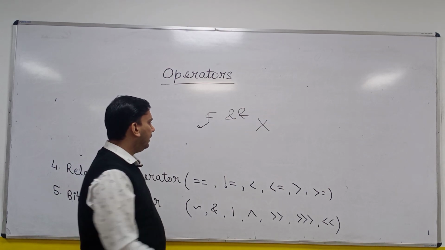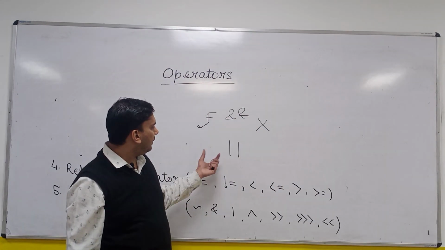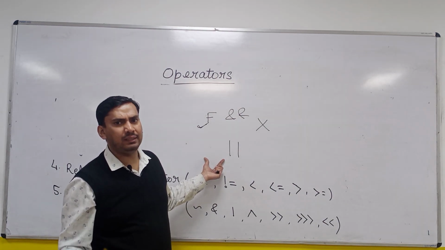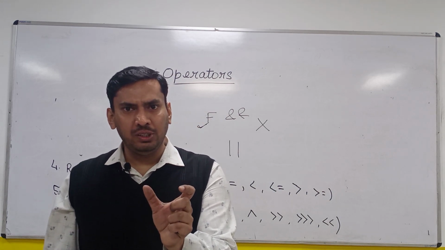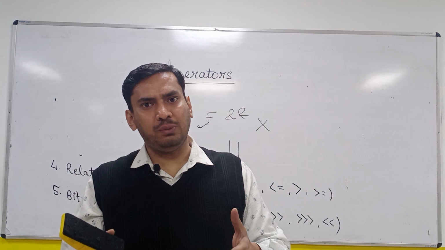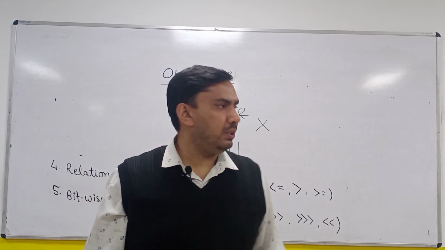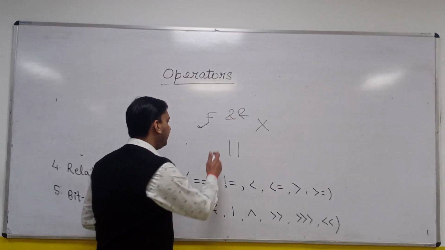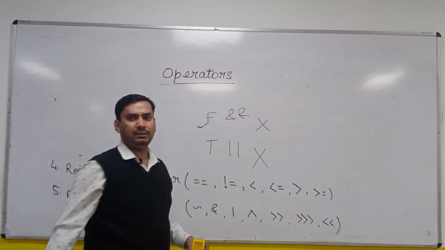Similarly, short circuit OR says, in the normal OR, if the first operand is true, do you need to evaluate the second one? Because the first operand is true, it means the result is already declared, it is going to be true. So it says, if the first operand is true, then do not evaluate the second.